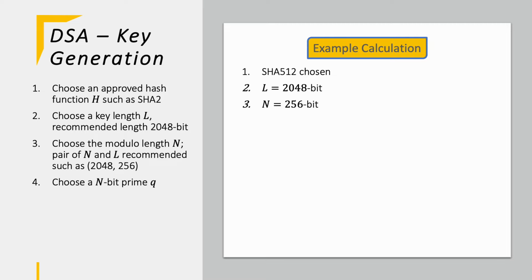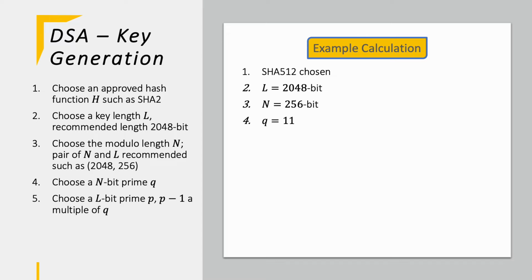Then we choose a prime number of length N bits, so 256 bits. Since 256 bits is quite a huge number, for example, we stick with Q as 11, so it is a little bit easier to follow the calculation.